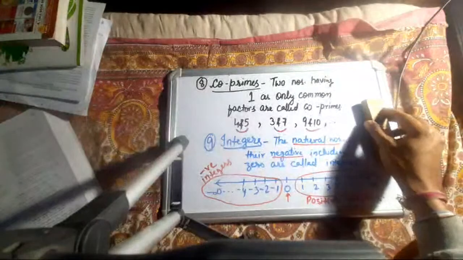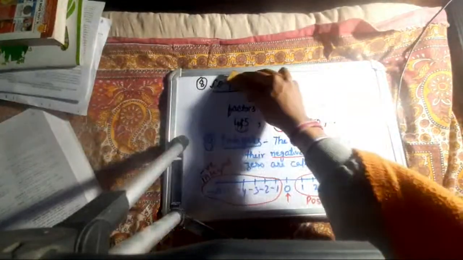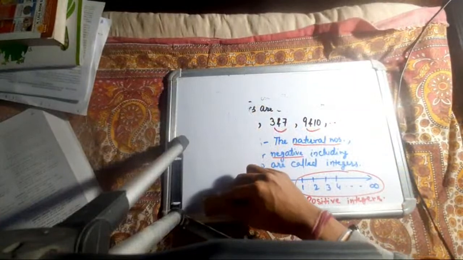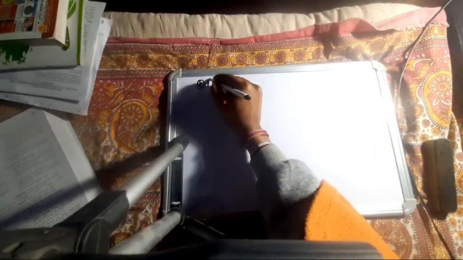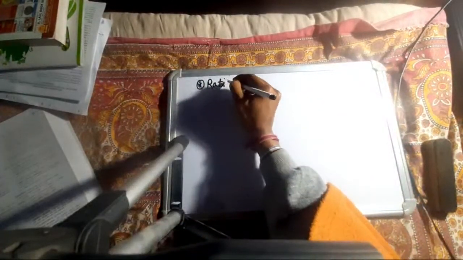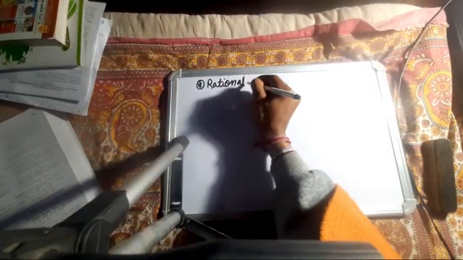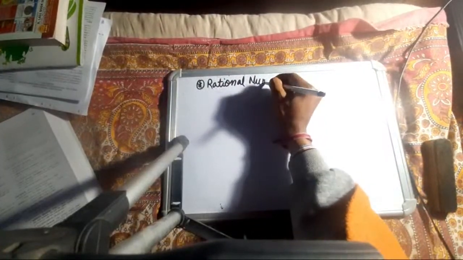Our next numbers are rational and irrational numbers. Next, coming on to rational numbers.